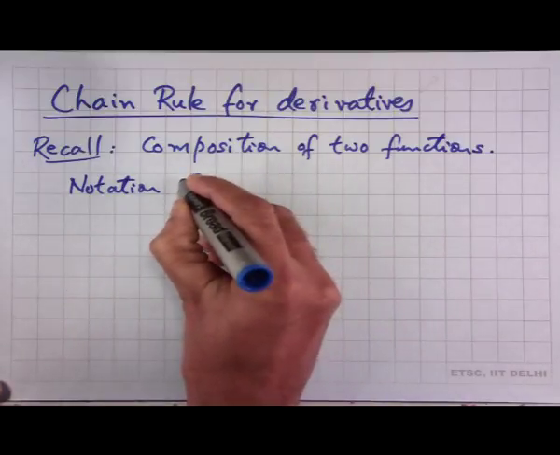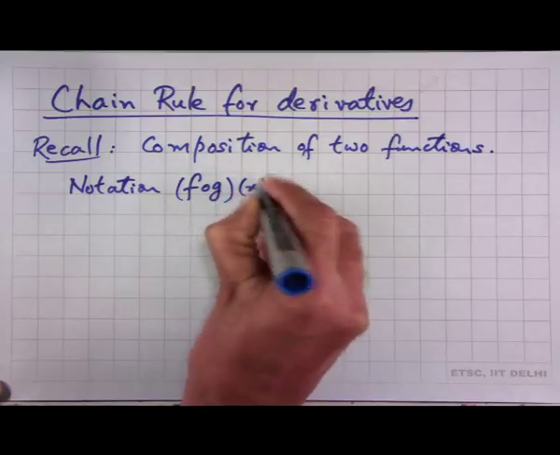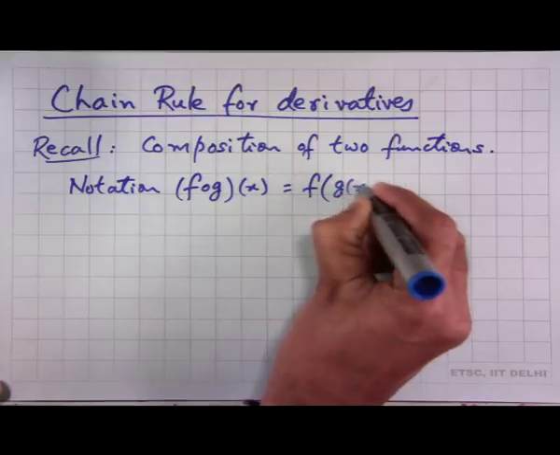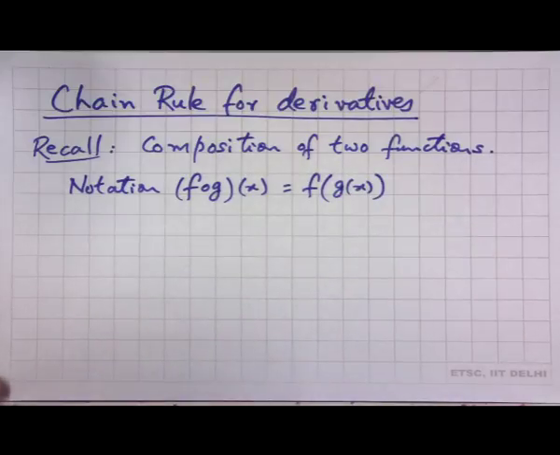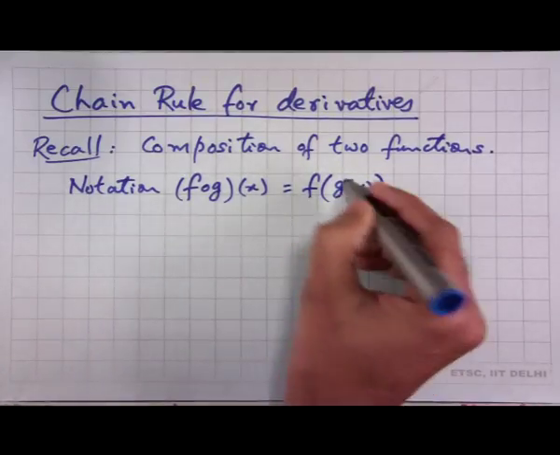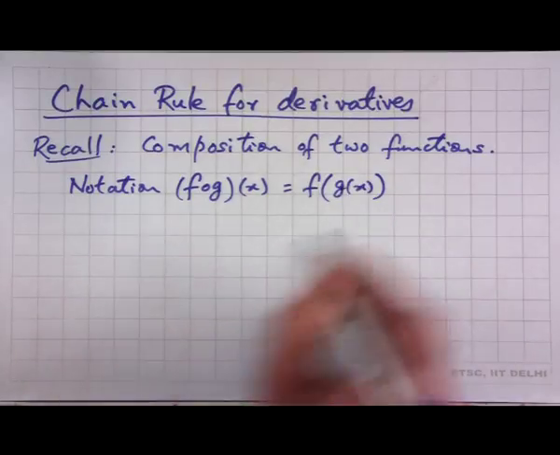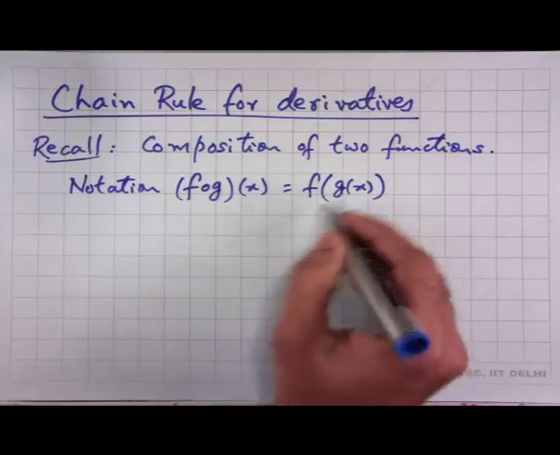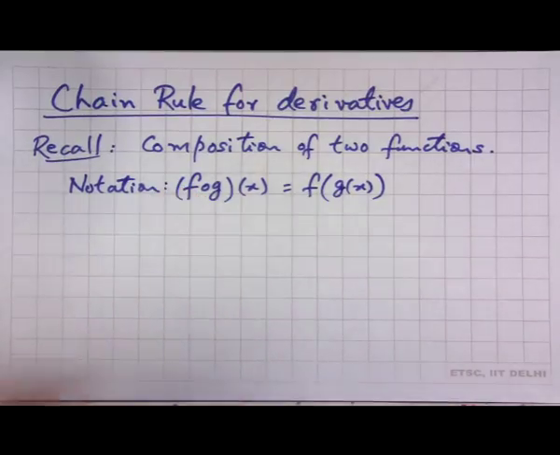This is defined as f of g of x. So, if we have two functions f and g and the range of g is contained in the domain of f, then the composition is defined and it is nothing but f of g of x.